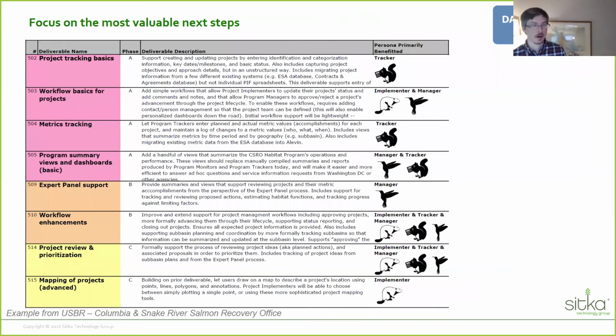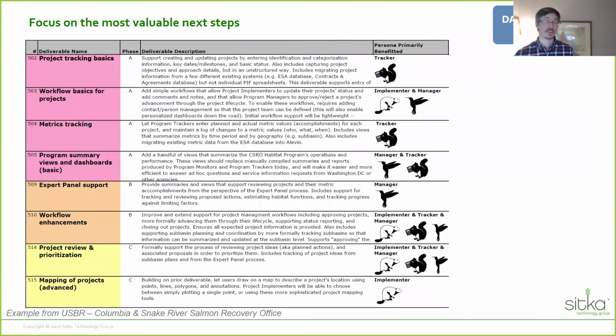So an example here from Bureau of Reclamation work are a number of deliverables. We packaged up related user tasks, and based on the priority of those user tasks, we set the priority of the deliverables here.